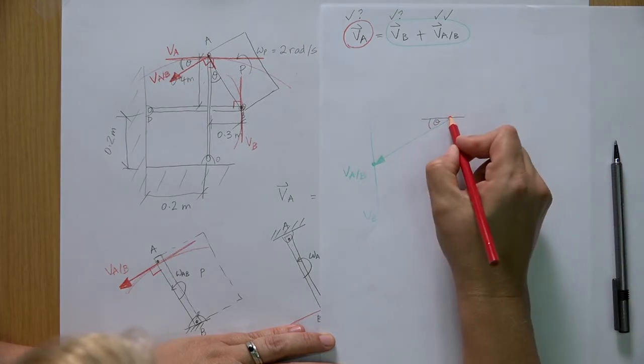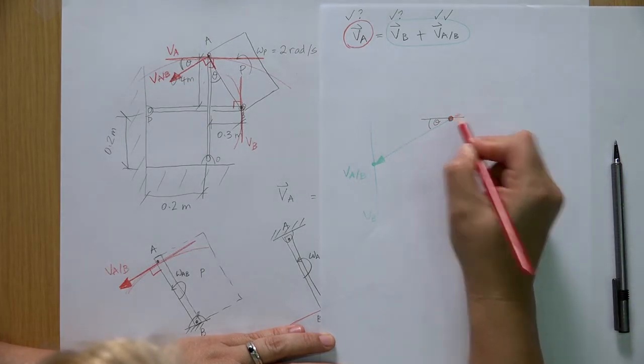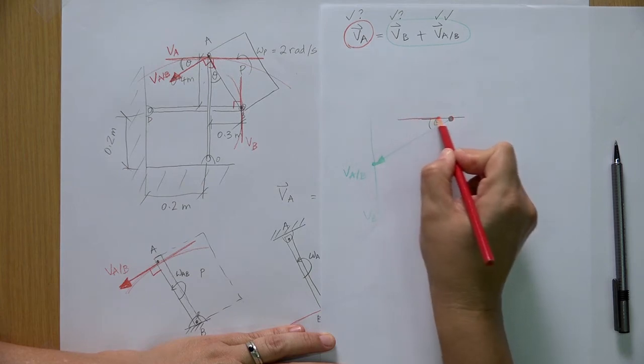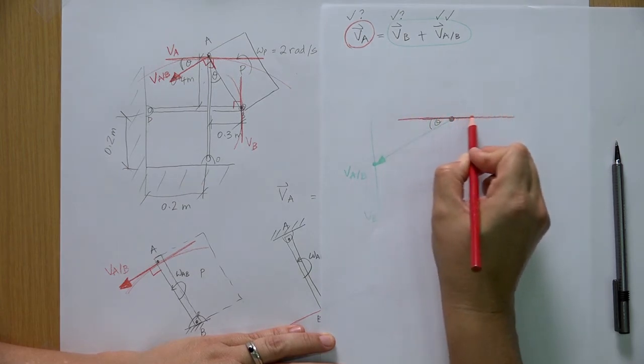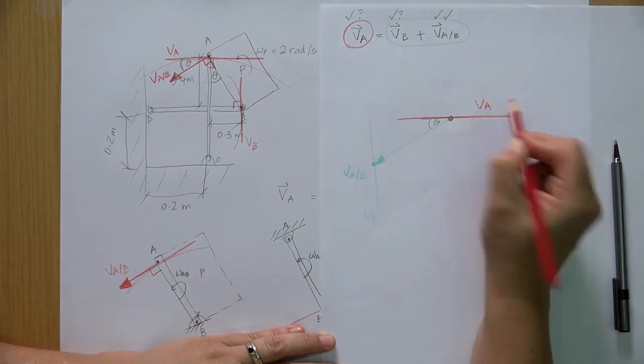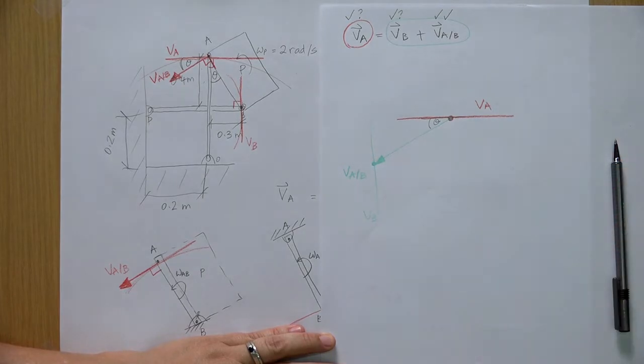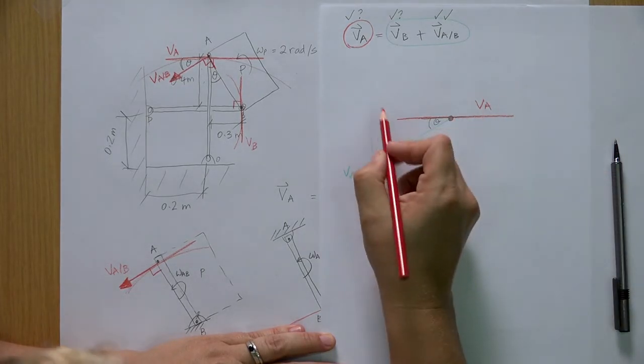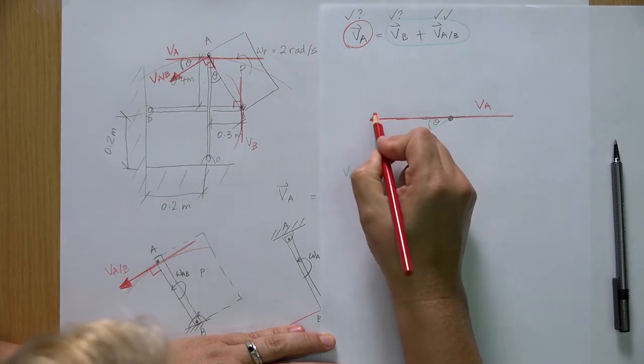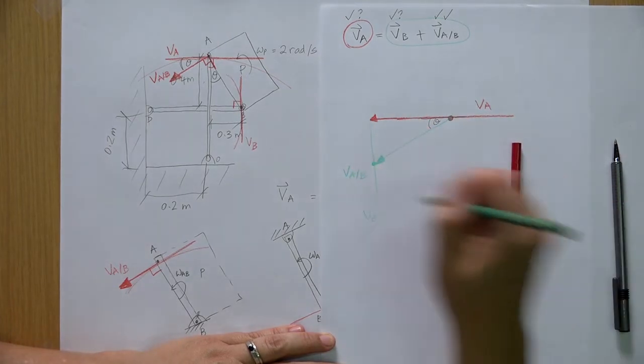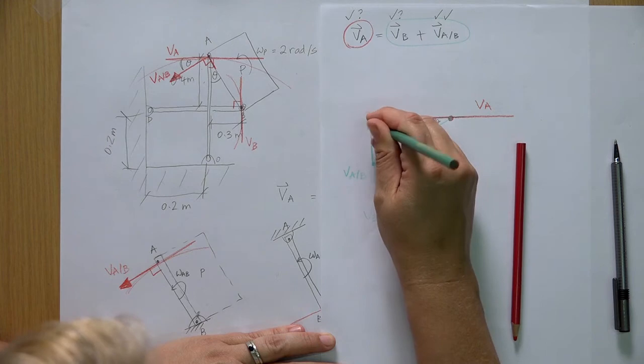The red path must start in the same place, and we know that it must be horizontal. So the only way to close this triangle for these 2 paths to meet up is in this direction.